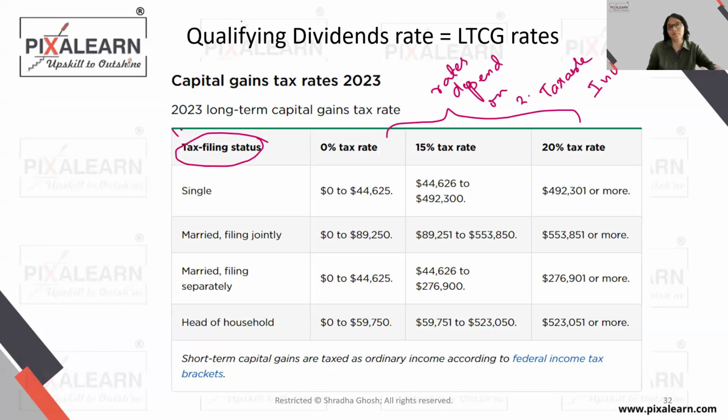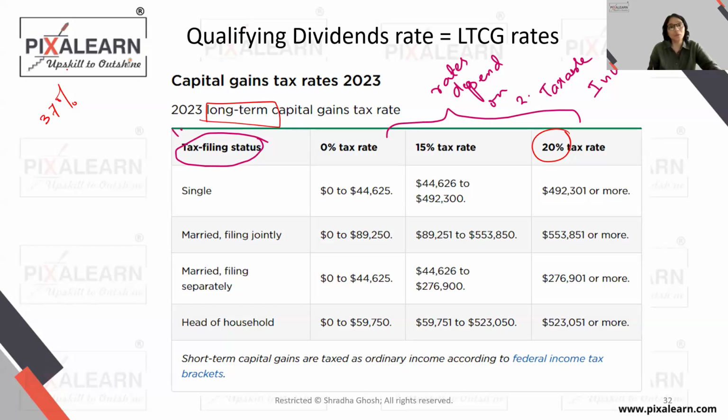Okay, so we have dividends, which we term as qualified dividends. That means dividends coming from a US company and the shares being held by the shareholders for a substantial period of time before and after the dividends. We call them qualified dividends. And if you look at it, the individual maximum tax rate is 37%, but the qualified dividend rate, which is exactly the same as the long-term capital gains tax rate, is maximum 20%.